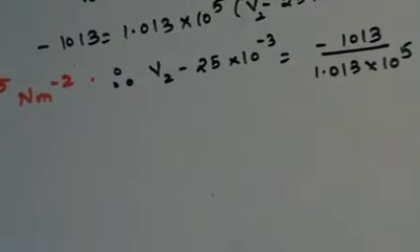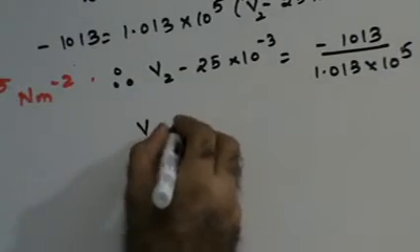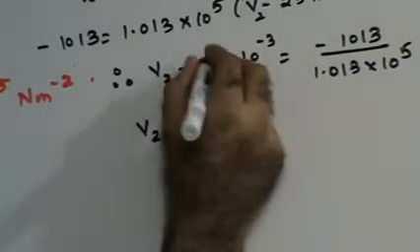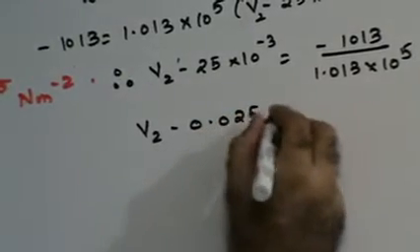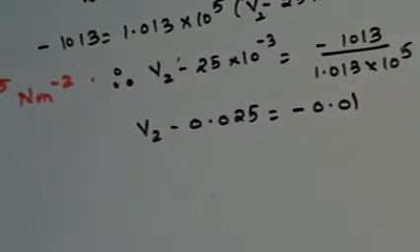Now, this could be written as V2 minus 0.025 is nothing but negative 0.01. When you divide this, you will get the answer as 0.01.